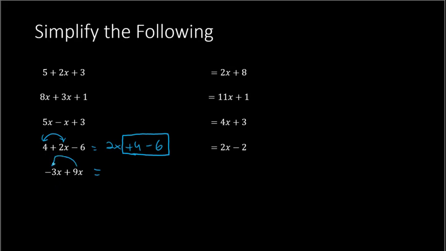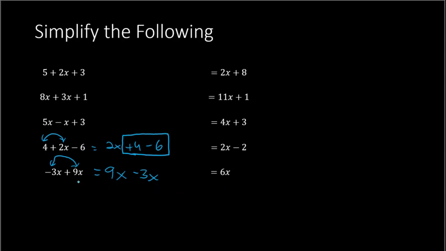So if you wanted, you could switch the order, and you have 9x, positive 9x in the front, minus 3x on the right. If you put it like that, it's easier to see that what you're doing is you start with 9 x's, and then you take away 3 x's. So how many x's are remaining? Well, that's going to be 6 x's.